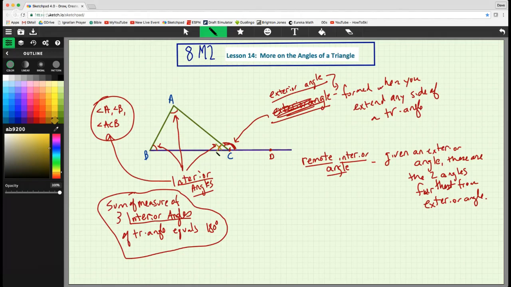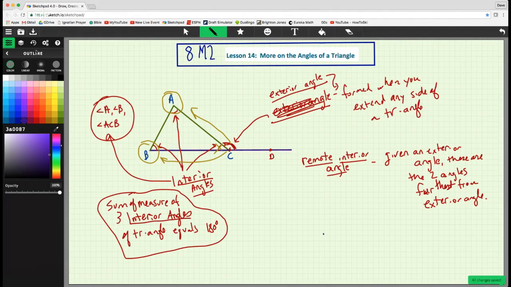It's not this one, it's angle A and angle B, because they are the farthest away. Another way to think about it is it's the two angles that do not form the linear pair with our exterior angle.